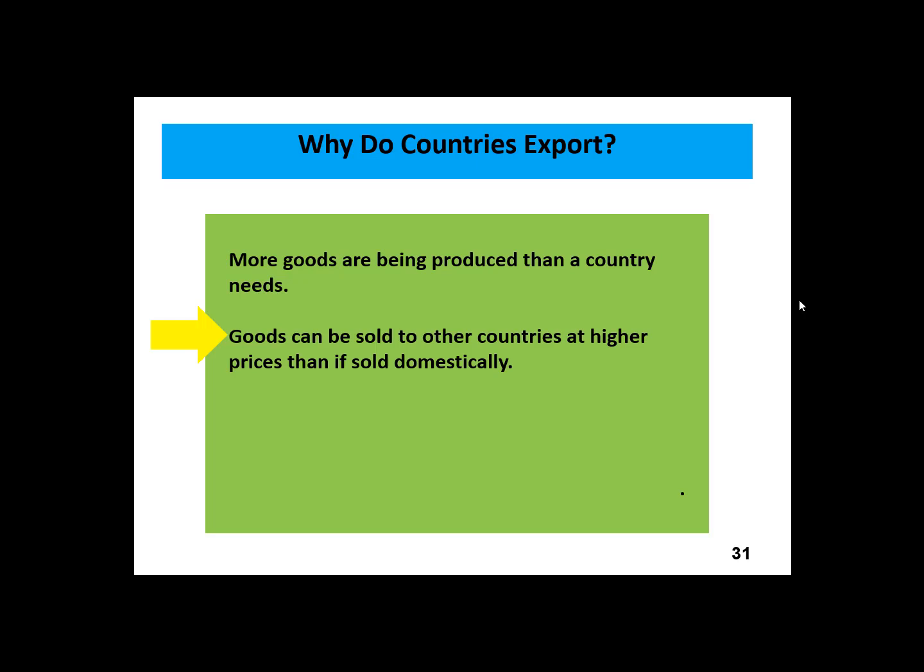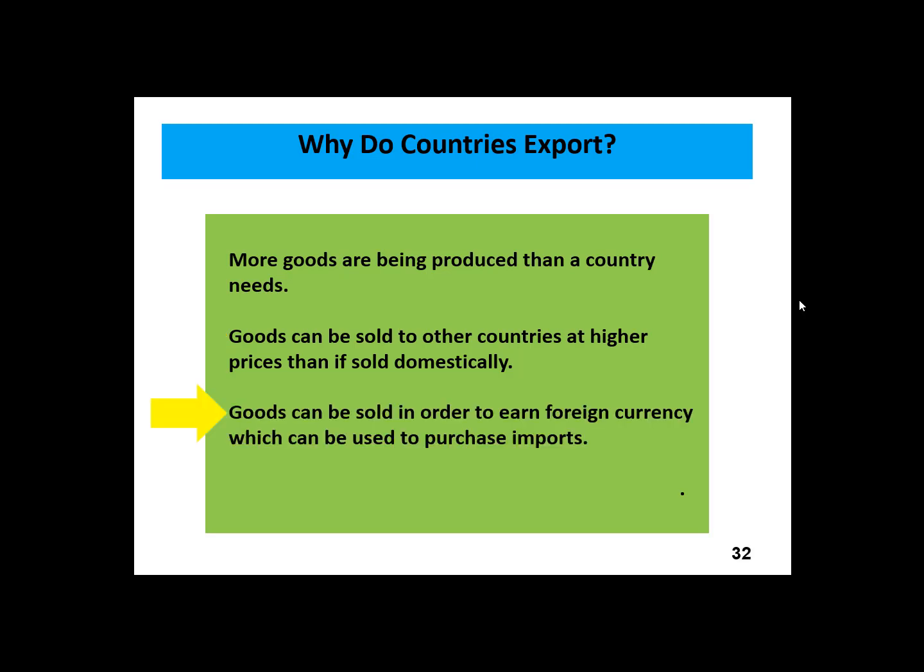Goods can be sold to other countries at higher prices than if we sold them domestically. And this one makes sense too. We can charge more for goods that we've produced here because other countries may not be able to produce those goods, or they may not have access to those goods, so they're willing to pay more money for those goods. Goods can be sold in order to earn foreign currency, which can be used to purchase imports. And then lastly, selling exports can increase levels of employment.